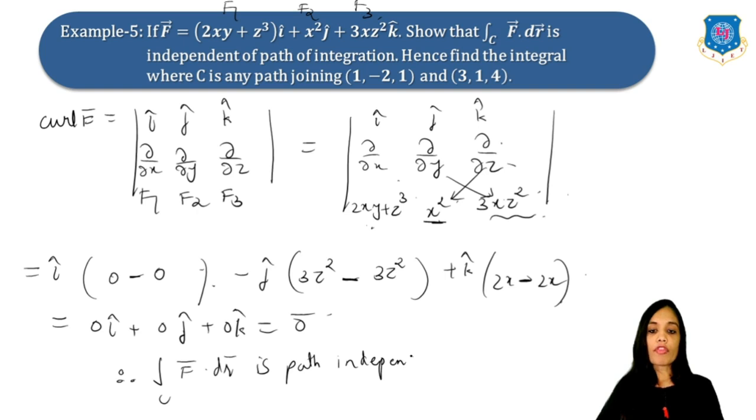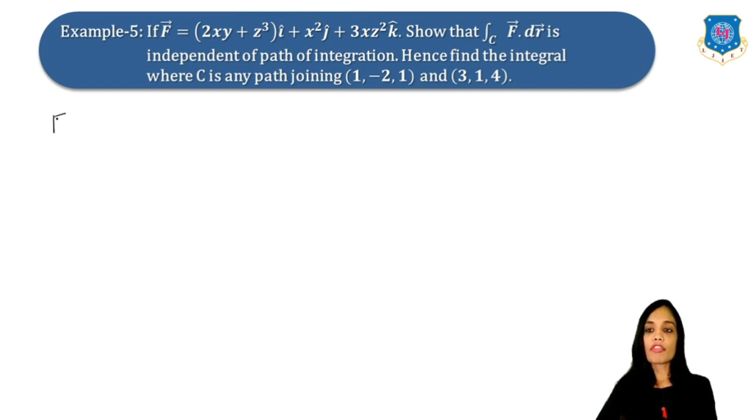So now we have to find the scalar potential phi. What we know is that if it is path independent, then F bar is conservative. So for a conservative vector field, F bar is equal to grad phi.